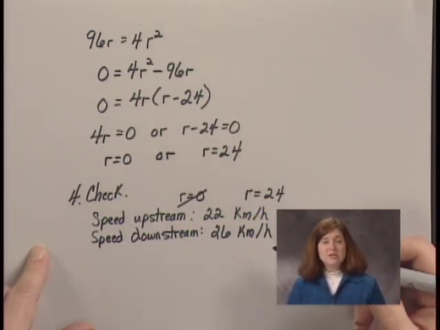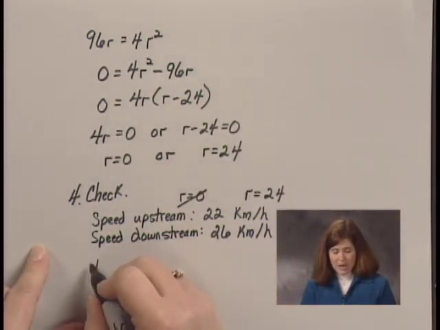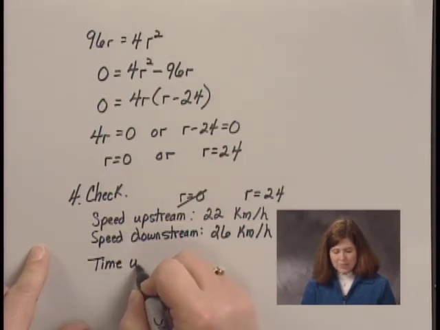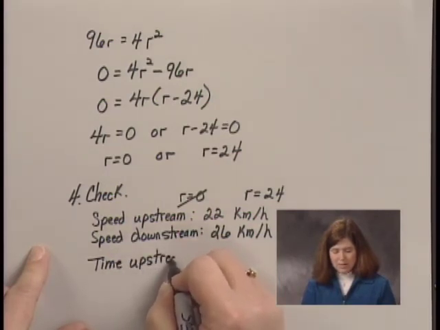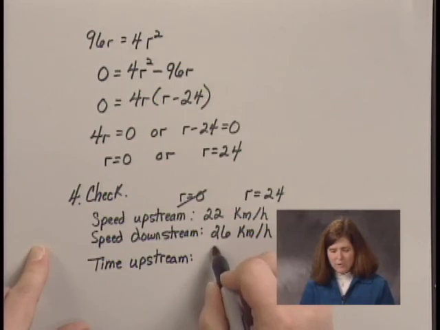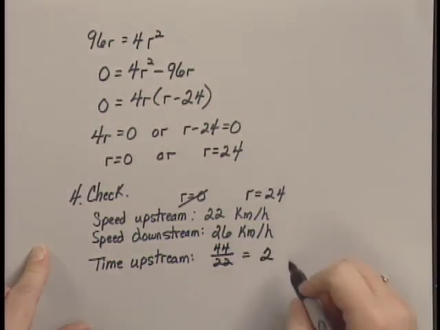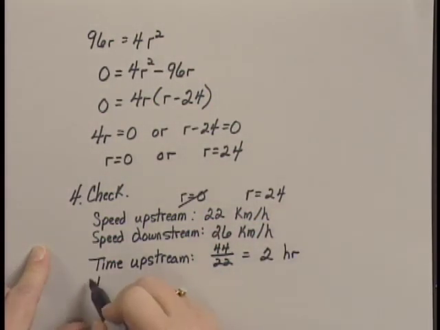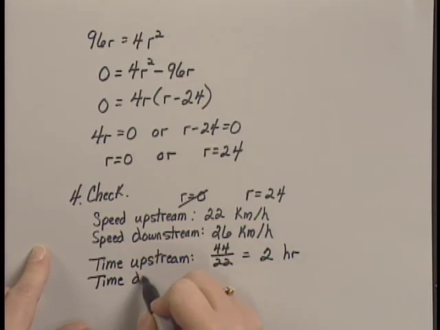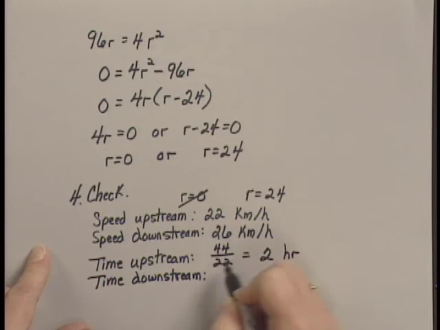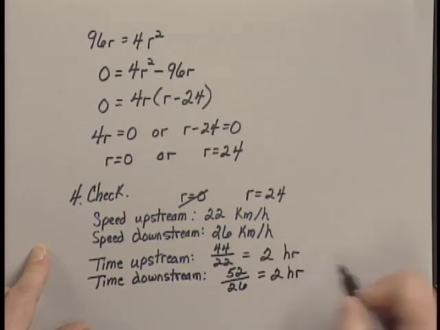How long did it take to travel? Well, the time upstream would be the distance divided by the rate, or 44 divided by 22, which would be 2 hours. The time downstream would be the distance downstream, which was 52 kilometers, divided by 26 kilometers per hour, which would give us 2 hours.